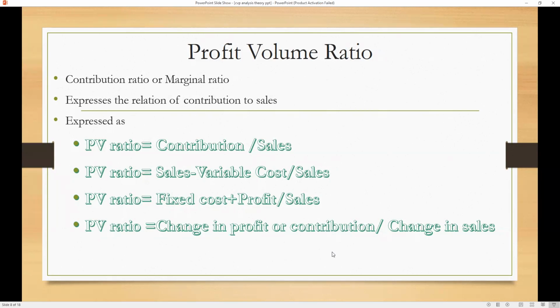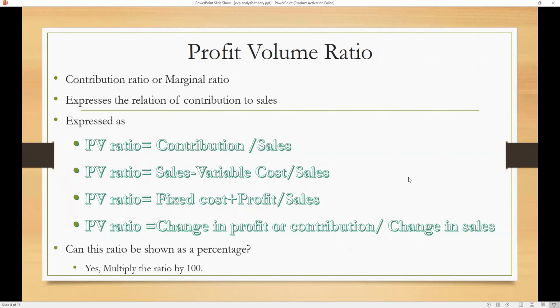When you don't have the fixed cost given in the problem, only when profits and sales of 2 different years are given, that time you're going to use the fourth formula. Otherwise, you're going to use, depending upon the scenario, these 3 formulas.